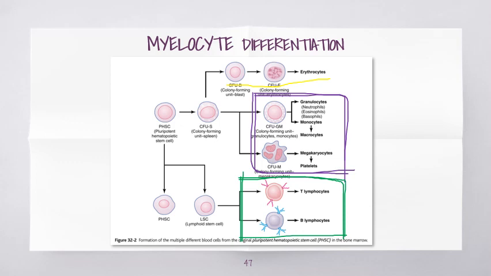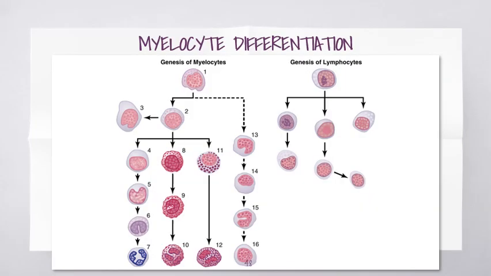We'll be discussing each. For the differentiation of the white blood cells, they can be divided into the myelocytes, which include your neutrophil, eosinophil, basophil, and monocyte, and the other side, which are the lymphocytes.